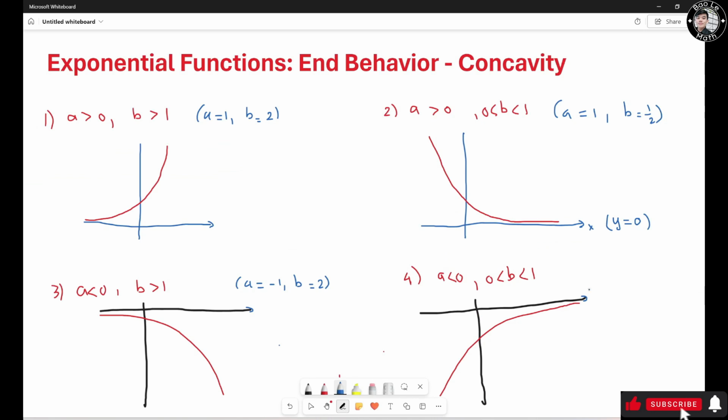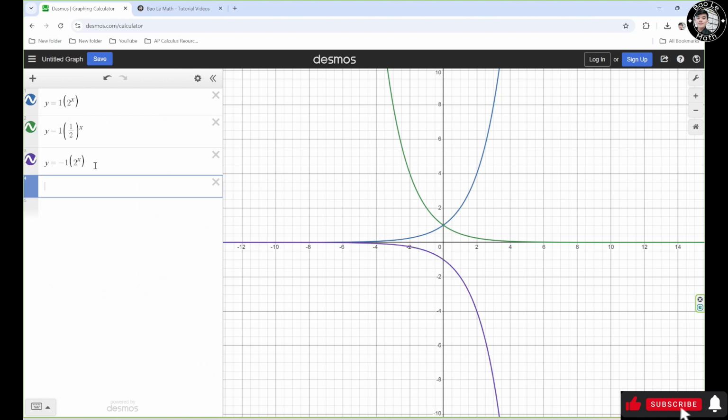And the last one, a less than 0. So I let a equal -1, and b between 0 and 1, so let b equal 1/2. Alright, so I'm going to have the last one: y equals -1 times 1/2 to the power of x. So it could be like this.